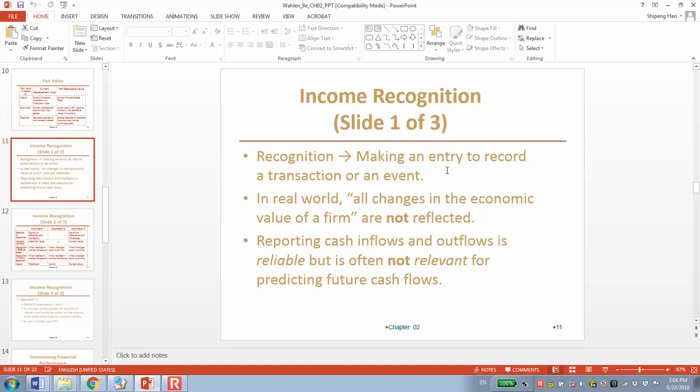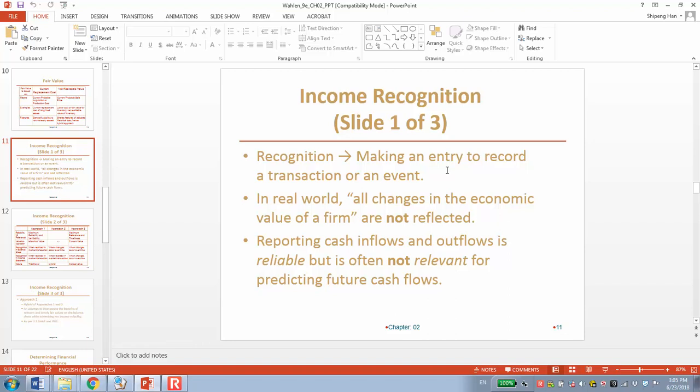Reporting cash inflows and outflows is reliable, but is often not relevant for predicting future cash flows. We report this information in the statement of cash flow, which we will discuss in the next chapter. Cash flows are reliable because we only record cash inflows in the statement of cash flow when we receive cash, either from customers or from shareholders or from creditors.